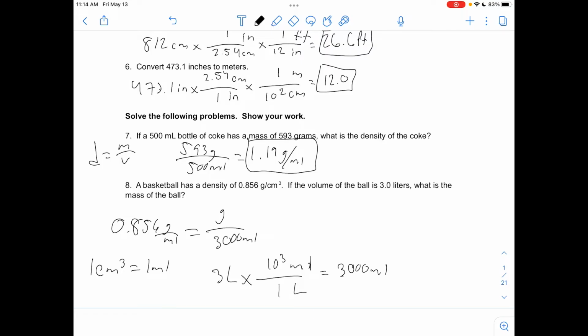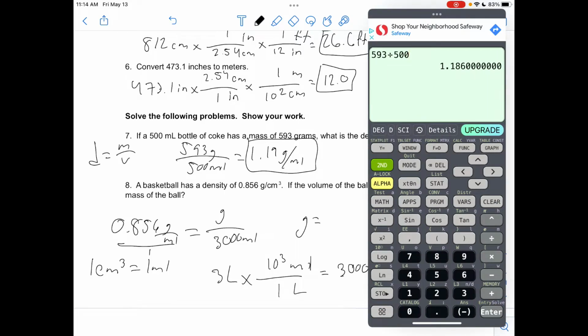Okay, so I'm going to cross multiply. So I'm going to do 3,000 times 0.856. We assume that's all over 1. And so grams, our mass, is going to be 0.856 multiplied by 3,000.